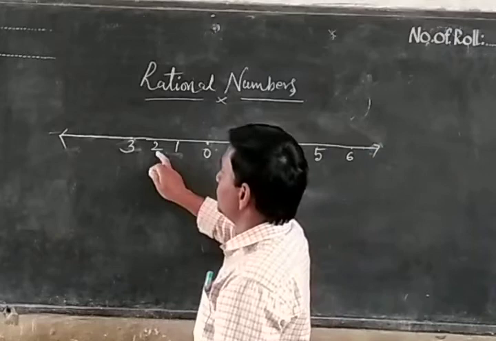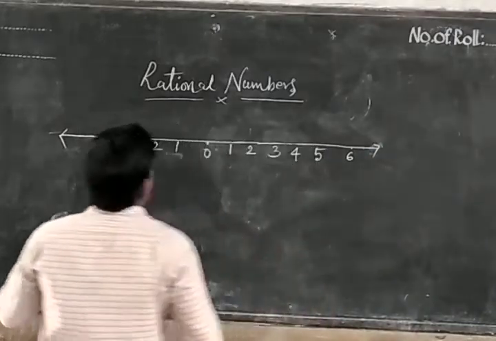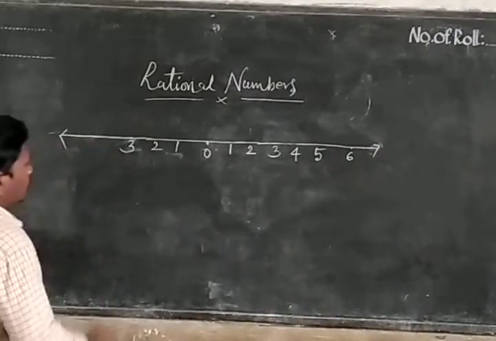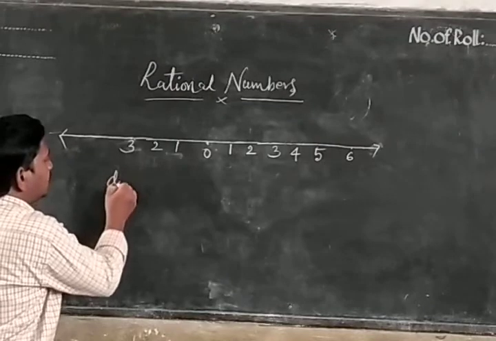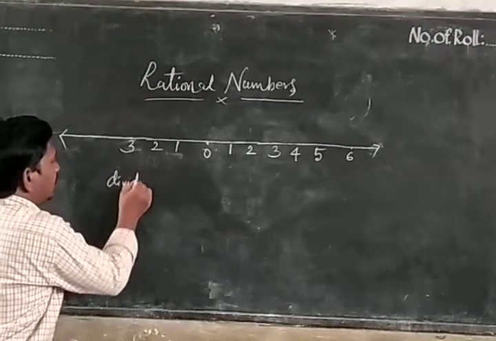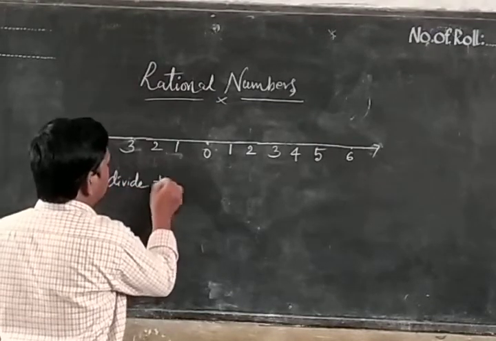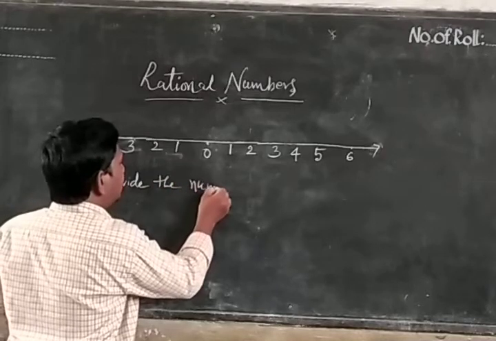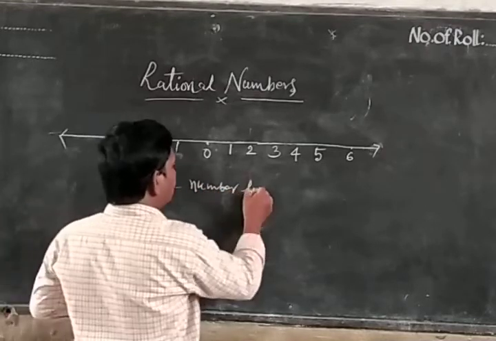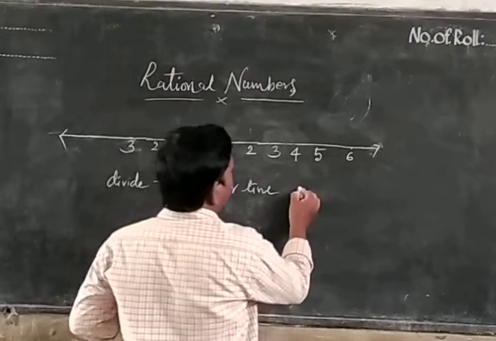Here 1, 2, 3. So divide the number line by 3.